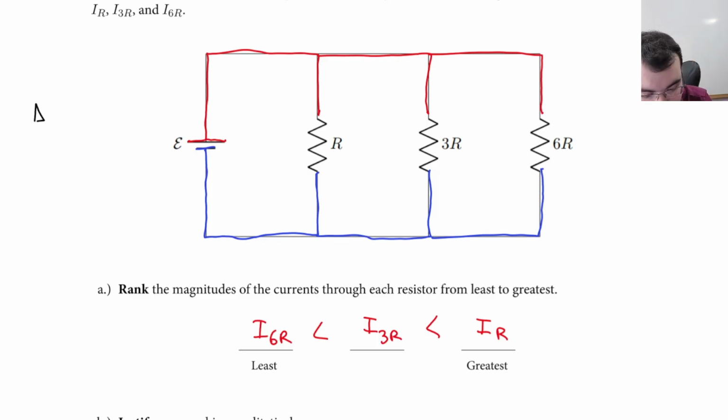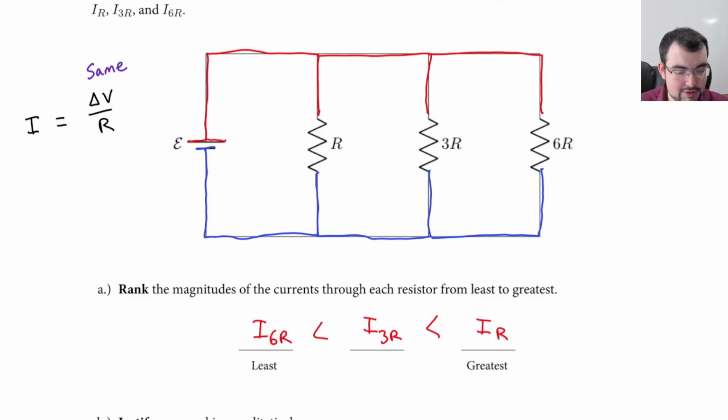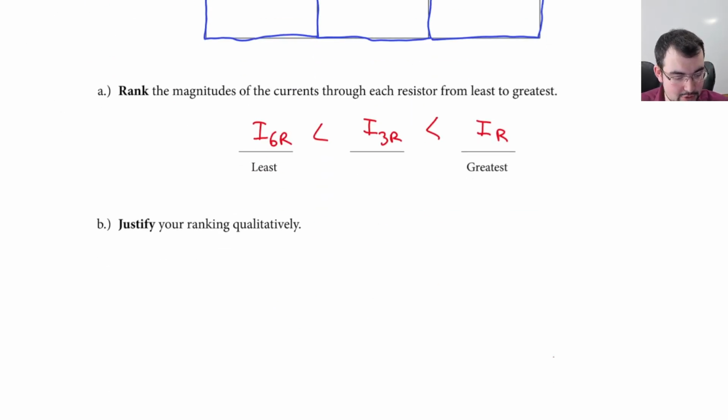So we have to actually write this out. So current is equal to delta V over R. And we know that since we're in parallel, the delta V is the same. So we can see that since delta V is the same in parallel, the bigger the resistance, the smaller the current to achieve the same voltage drop.